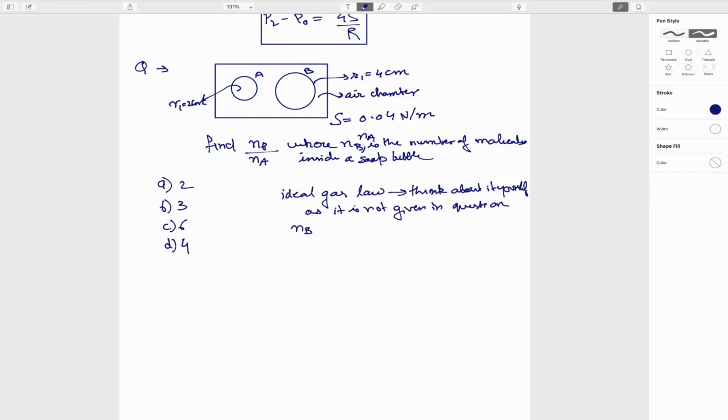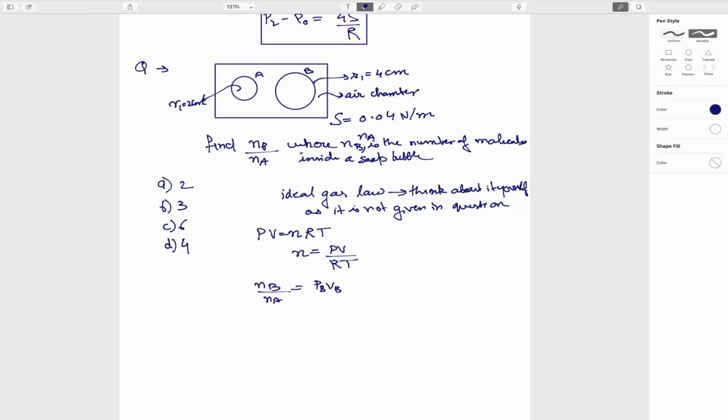So N_B by N_A. First I should relate, using the ideal gas law, the number of molecules with the volume.